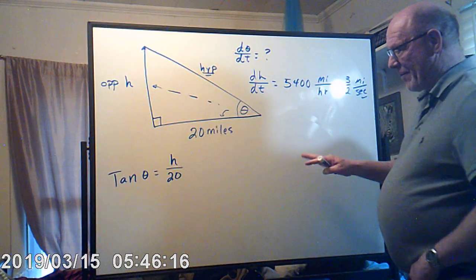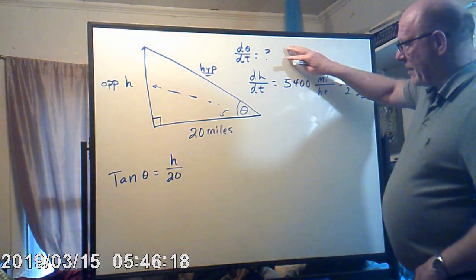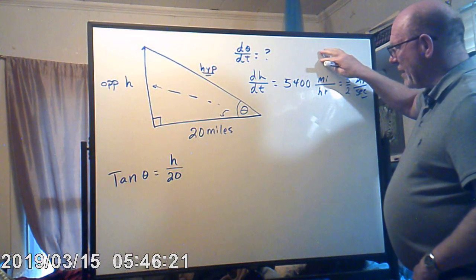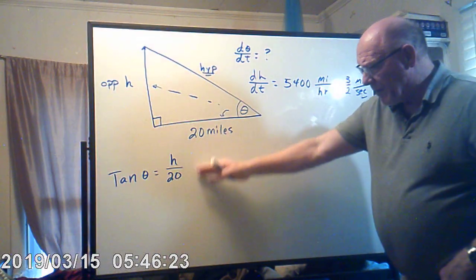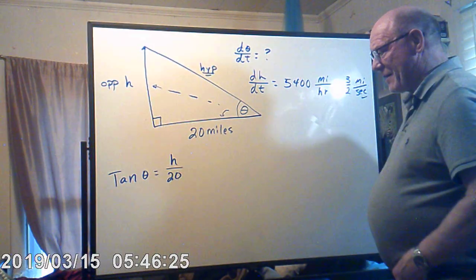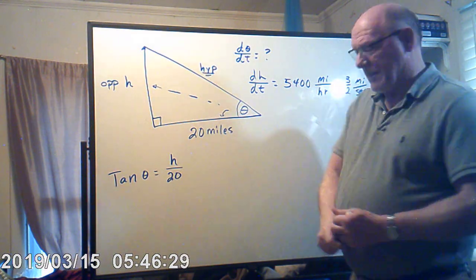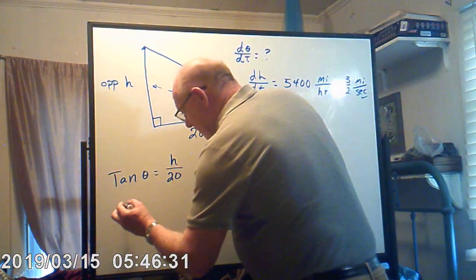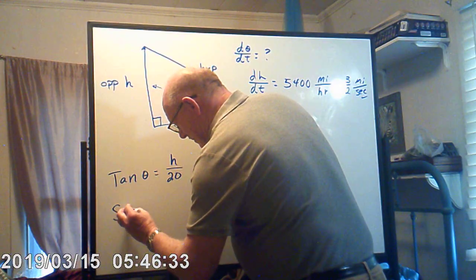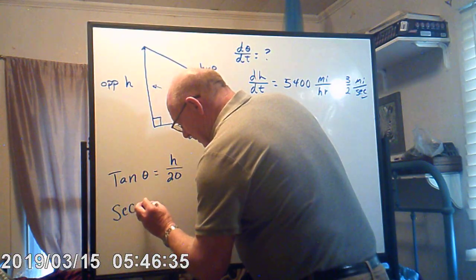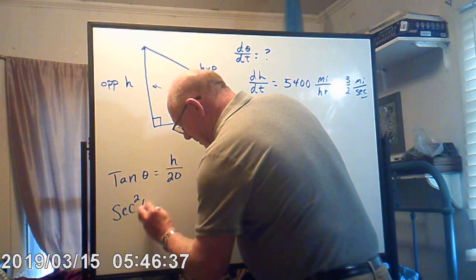Alright, so now we want to do this by related rates. We must take the derivative of both sides. Alright, derivative of tangent. Believe it or not, it is secant squared.